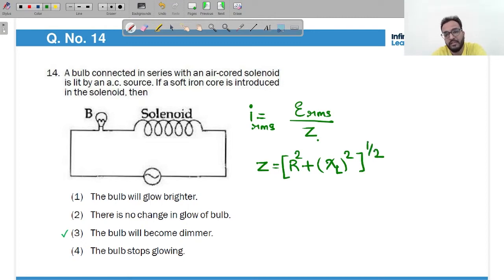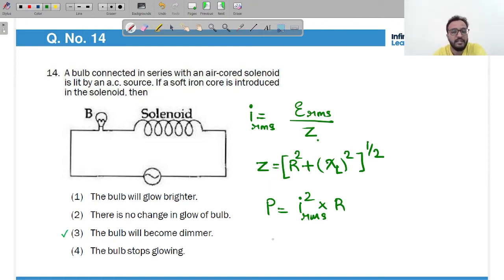Now power is equal to IRMS square into R.